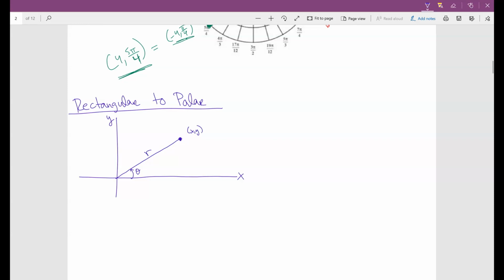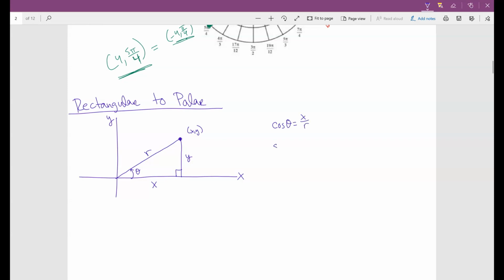Okay, so basically what I can do is I can draw a triangle with a 90 degree angle, and in this direction this is going to be the y value and this is going to be the x value, kind of the way that we did the unit circle. So if you look at the theta value, we can see that the cosine of theta is going to be equal to x over r.